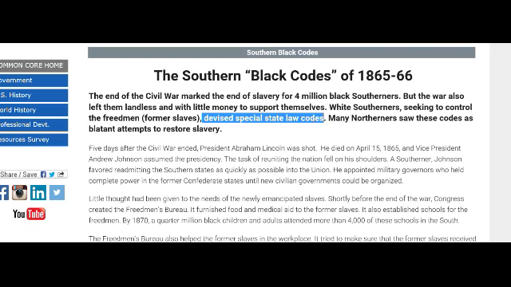These codes were put into place to restore slavery and the essence of slavery and the dominance and the white supremacy that slavery made in the construction of our country. They wanted to keep their position.